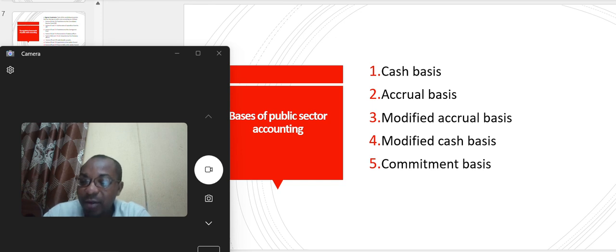Cash basis of accounting is the basis of accounting that recognizes income when cash is received and expenditure when cash is paid, no matter the time the transaction was done.